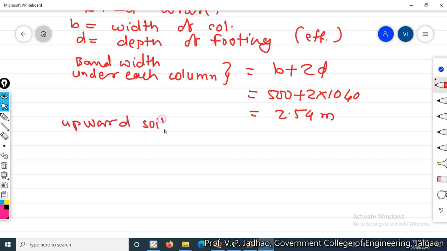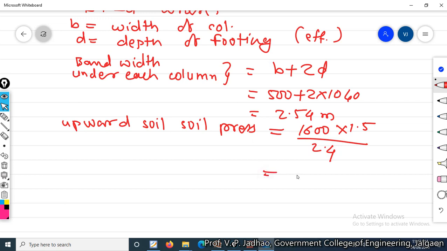Again, we have upward soil pressure. We need this in kilonewton per meter. Therefore this 1600 load on your column multiplied by 1.5 divided by 2.4 meters, so we'll get the upward soil pressure.